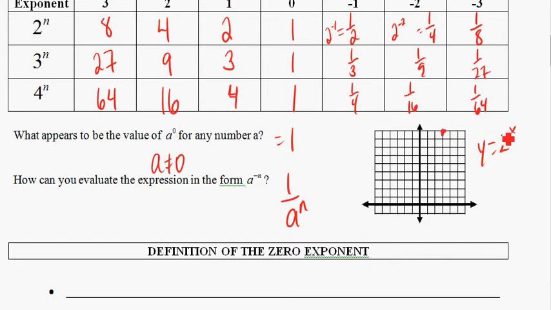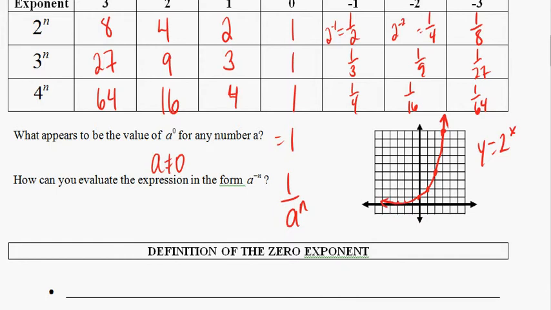When x is 2, 2 squared is 4, so we go up 4. When x is 1, our answer is 2. And then when x is 0, our answer is 1. And then it goes down to 1/2, and it gets really small, so small that it looks like it's going to approach 0 but never be 0. So that keeps going this way.